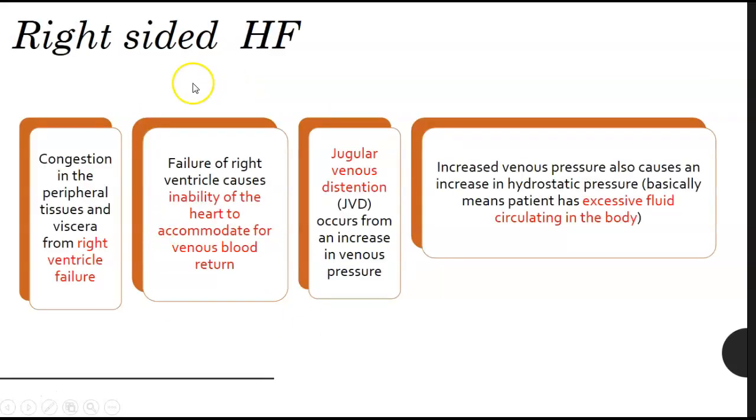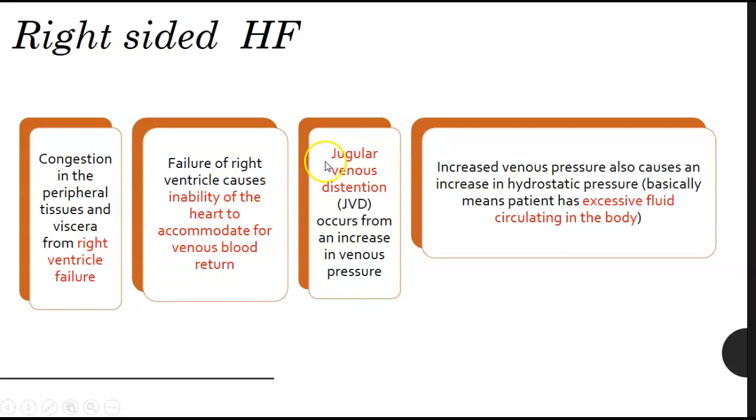Right-sided heart failure is when there is congestion in the peripheral tissue and viscera from right ventricular failure. Failure of the right ventricle causes an inability of the heart to accommodate venous blood return.